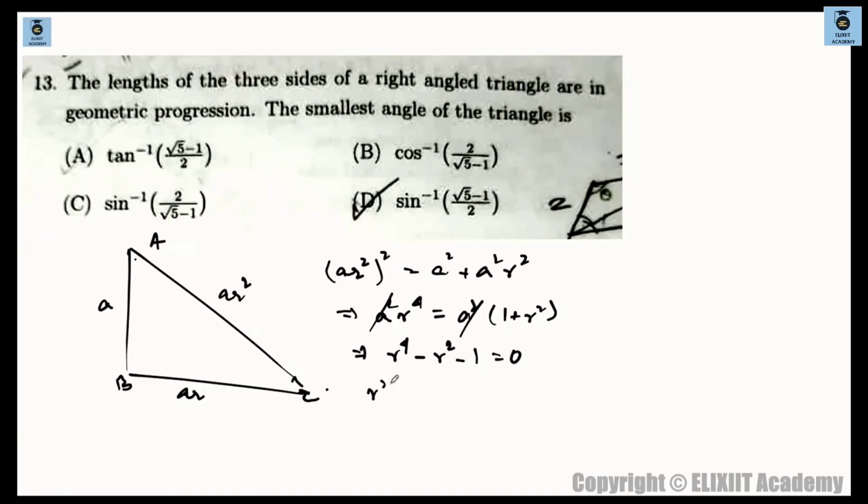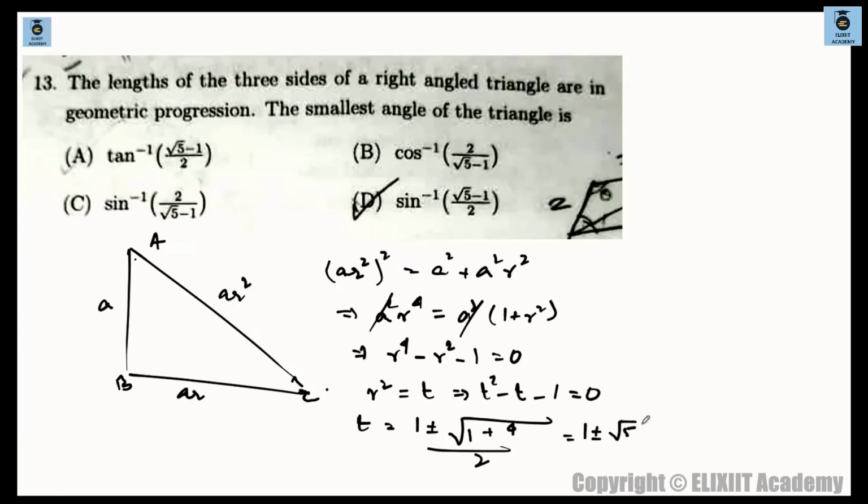You can take r square as t and then solve, which is t square minus t minus 1 is equal to 0. So what is t? T will be 1 plus minus root of b square minus 4ac, so 1 plus 4, divided by 2. So this is nothing but 1 plus minus root 5 divided by 2, which is r square.